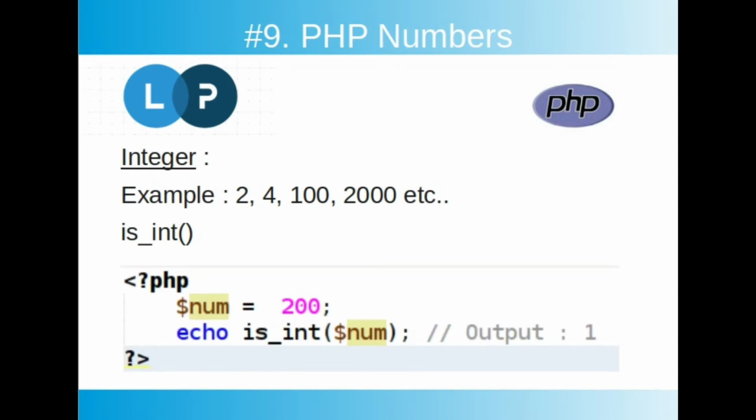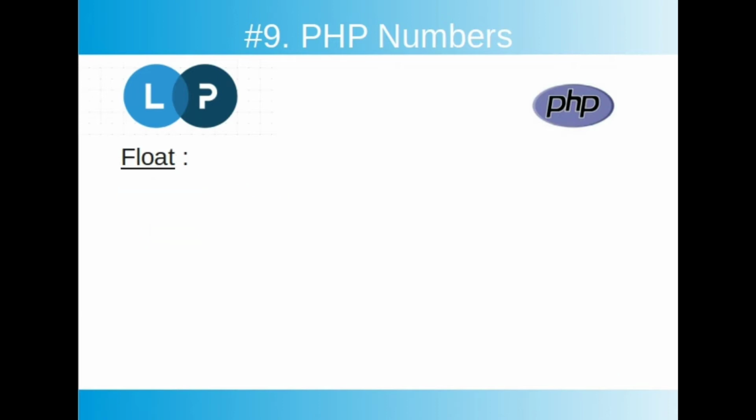Here we can see one example, $num equal to 200. If we want to know whether this $num is a valid integer, we just need to write $num inside the is_int function. If the number is a valid integer, the output will be 1.